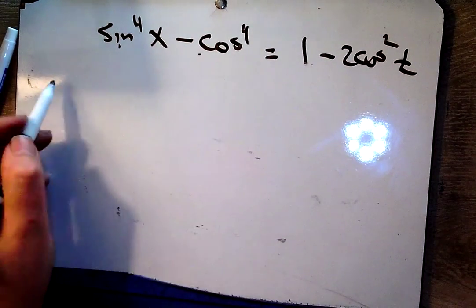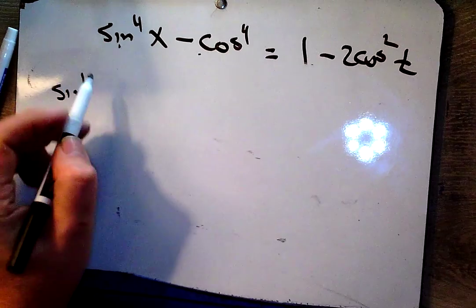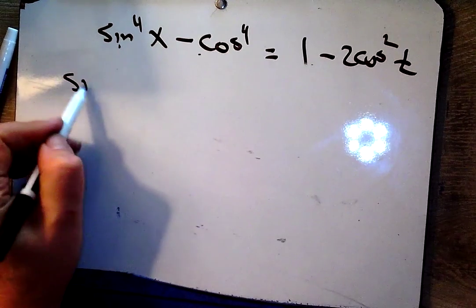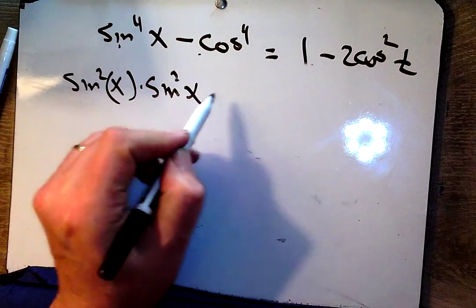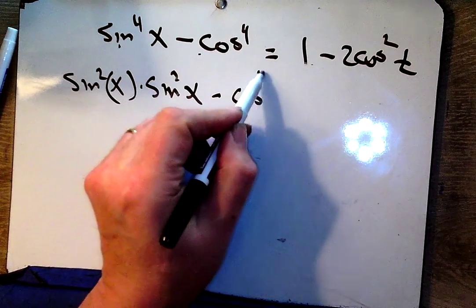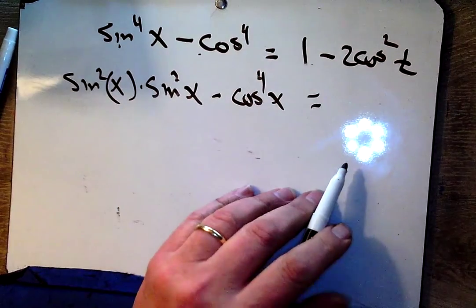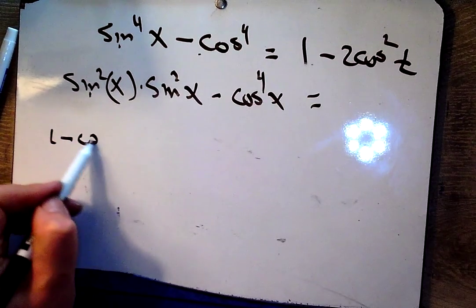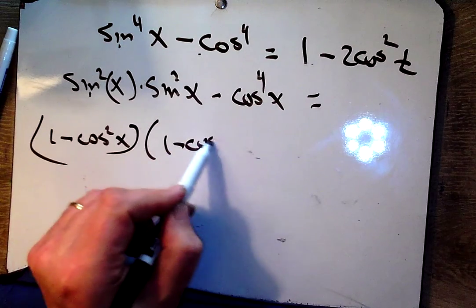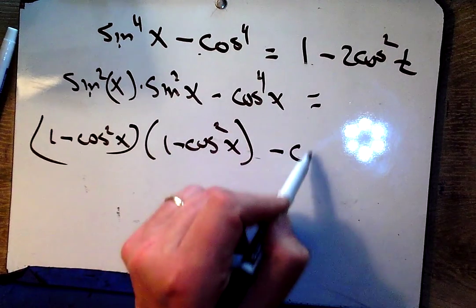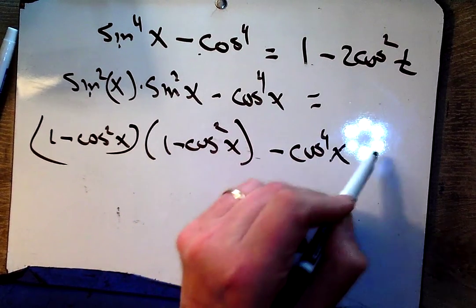Some people see that sine to the fourth could be rewritten as sine squared times sine squared minus cosine to the fourth. So this is 1 minus cosine squared, and this is 1 minus cosine squared minus cosine to the fourth.